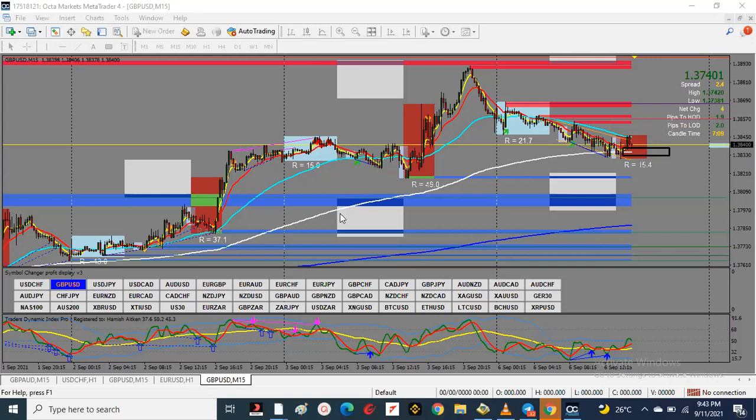So the major things that we use the TDI for are entries and exits. There are some things that we watch out for when we are using TDI for entries.